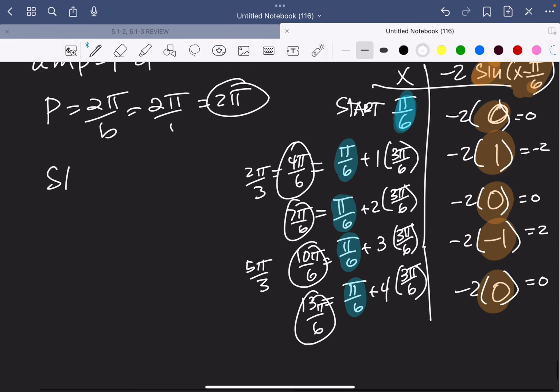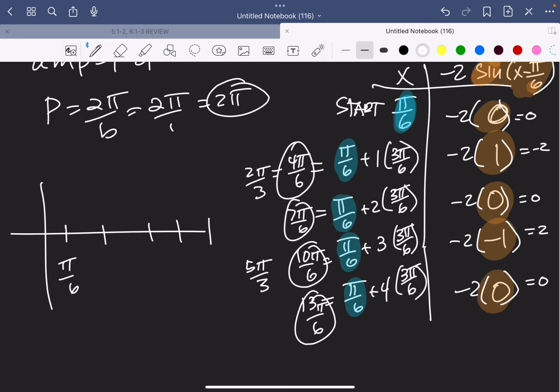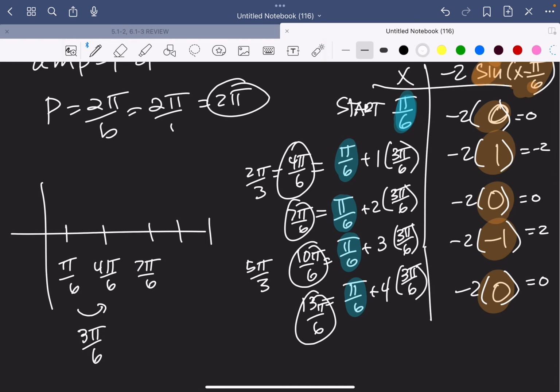So now we're ready to graph, right? So when I come over here and graph that thing, I'm going to start at pi over 6 and take 1, 2, 3, 4 steps. The first step gets me to 4 pi over 6, and every time, again, we just take a step of 3 pi over 6, which is the same as pi over 2. So we get 7, and then 10, and then 13.